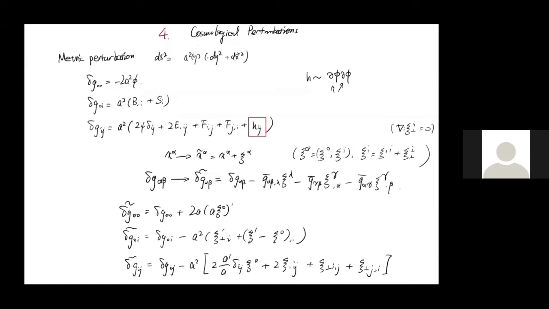This is extremely useful, as we have already seen for the tensor perturbation h_ij. In the first lecture, I already gave the equation of motion without any derivation. It is something like this.